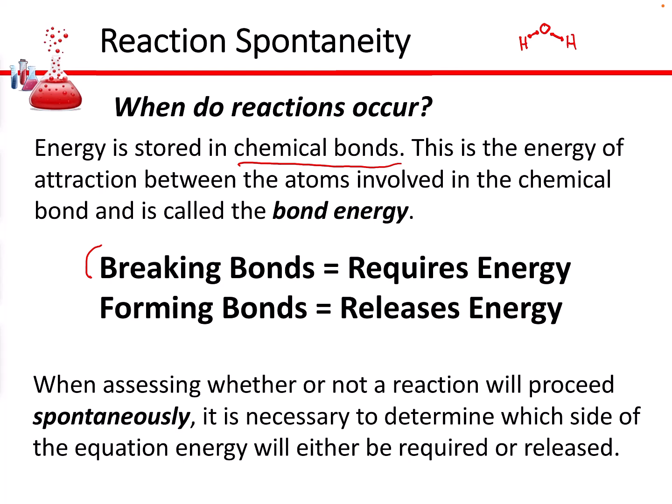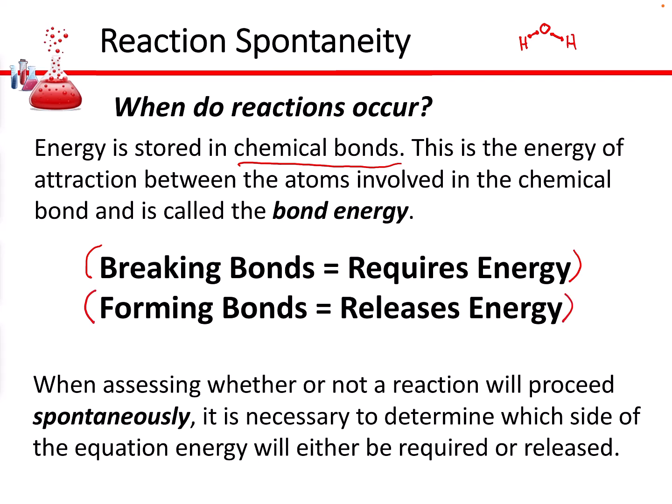So when we're assessing whether or not a reaction is going to proceed spontaneously, we need to determine which side of the equation that energy will be required or released. If you have to add energy to break the bonds on the reactant side, that one is not going to be spontaneous.